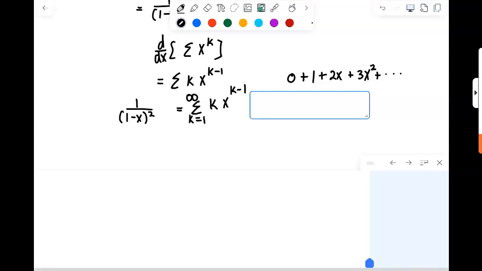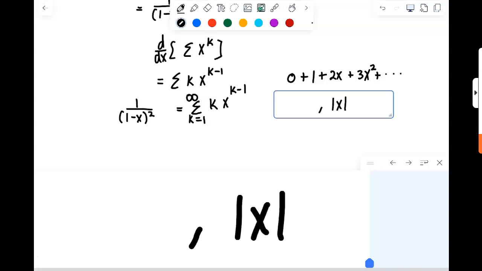Which again is the derivative of that, and that will converge as long as the absolute value of x is less than 1.